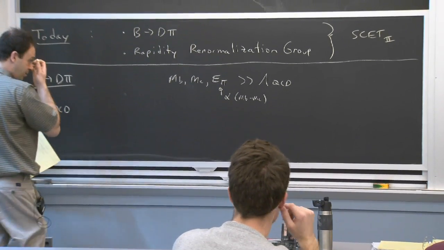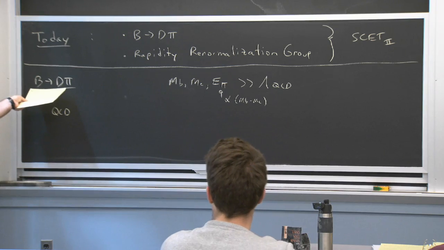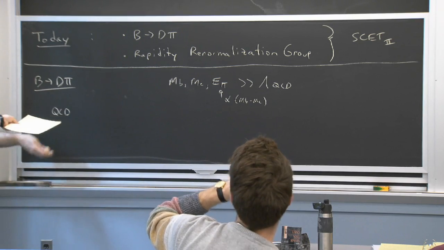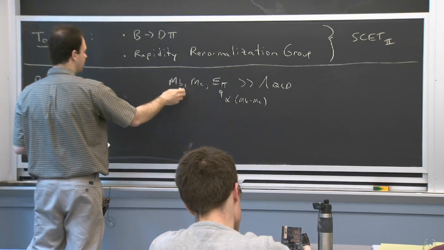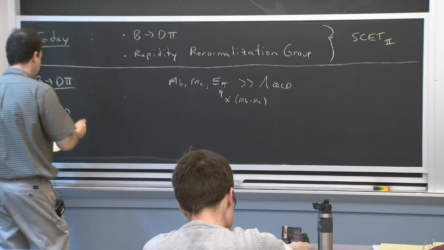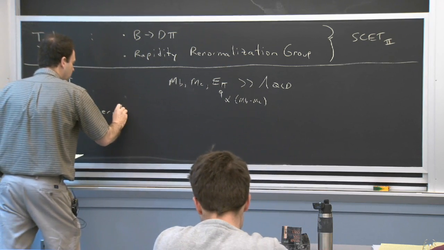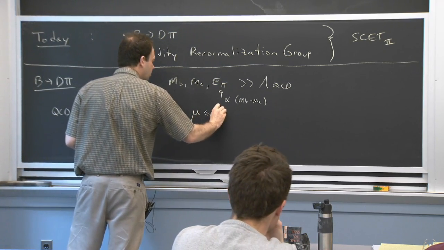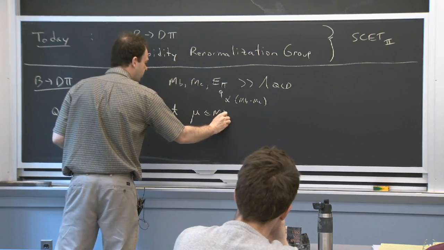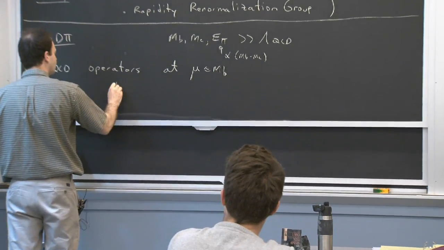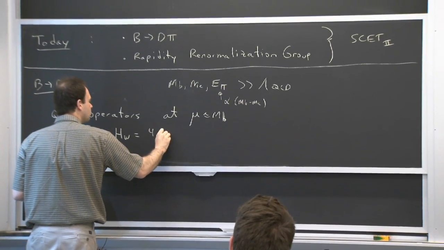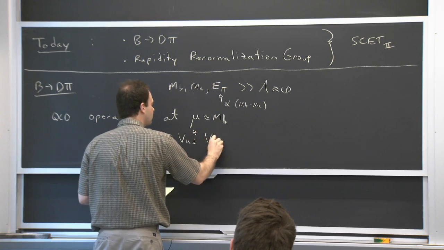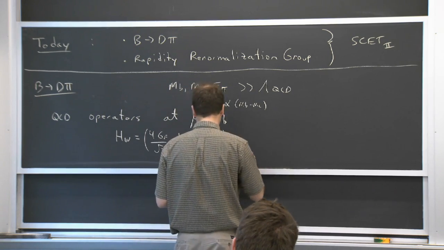OK, so we know how to treat this decay if we were integrating out the W. This is a weak decay, so B is changing to charm. Integrate out the W boson, run down to the scale m_B, which is the largest scale here. That's the electroweak Hamiltonian. So that's what we'll call the QCD operators, which are the relevant description at the scale of order m_B. Some prefactor.